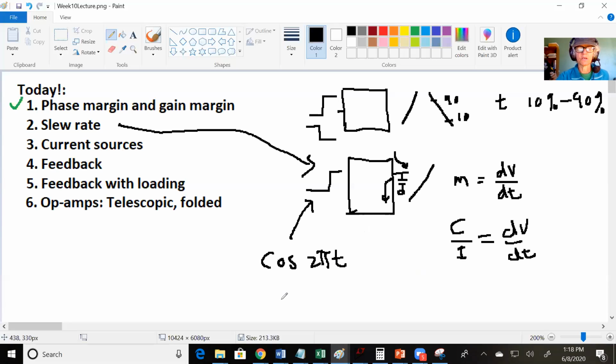If you look at a cosine, you can see its maximum change is right here and here and here. That's where you have the steepest slope in your cosine.